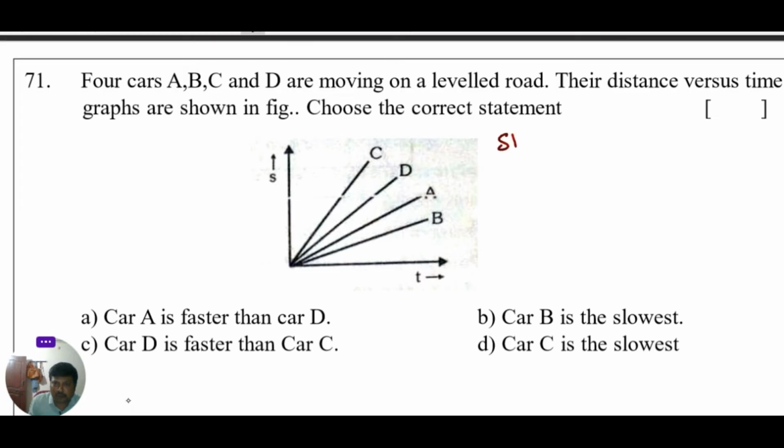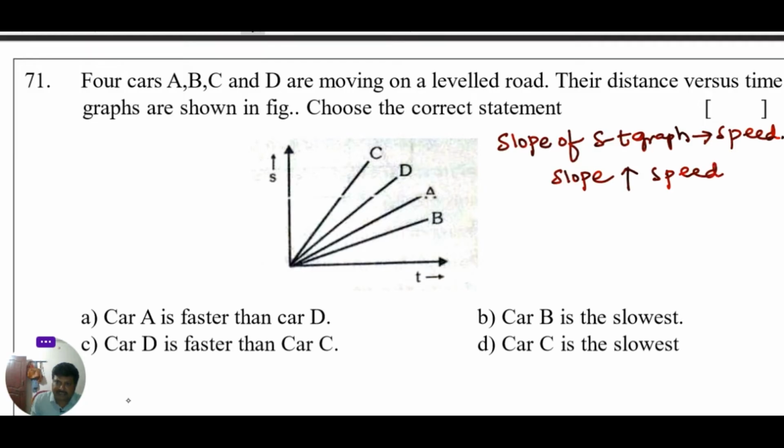Already we know very well, slope of the distance time graph gives speed. If slope increases, speed also increases. Observe the slopes. Car C's slope is greater, so car C is the fastest one.